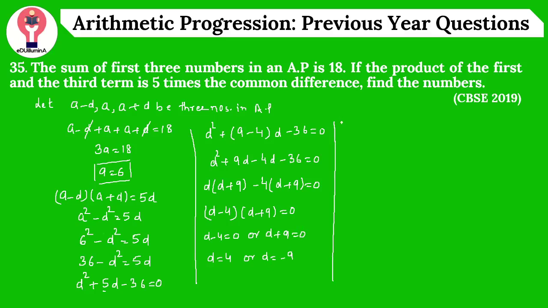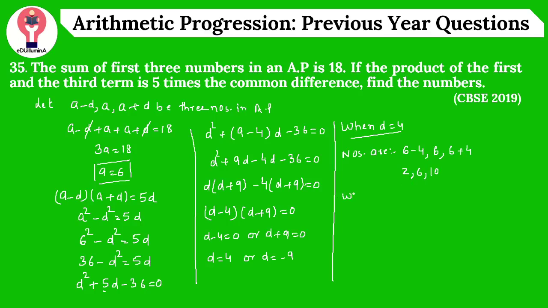So first, when d is equal to 4, the numbers are: the first number is a minus d, a is 6 and d is 4; the second number is a, which is 6; and the third number is a plus d, that is 6 plus 4. So the numbers are 6 minus 4 is 2, 6 and 10.